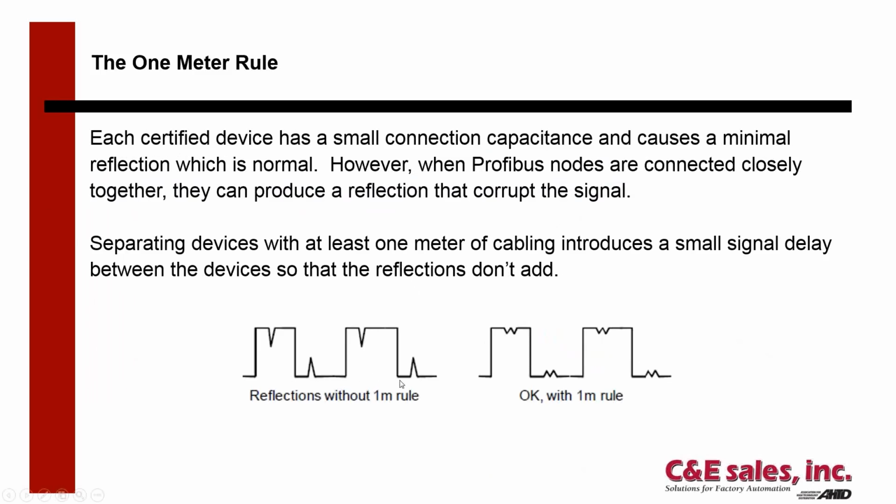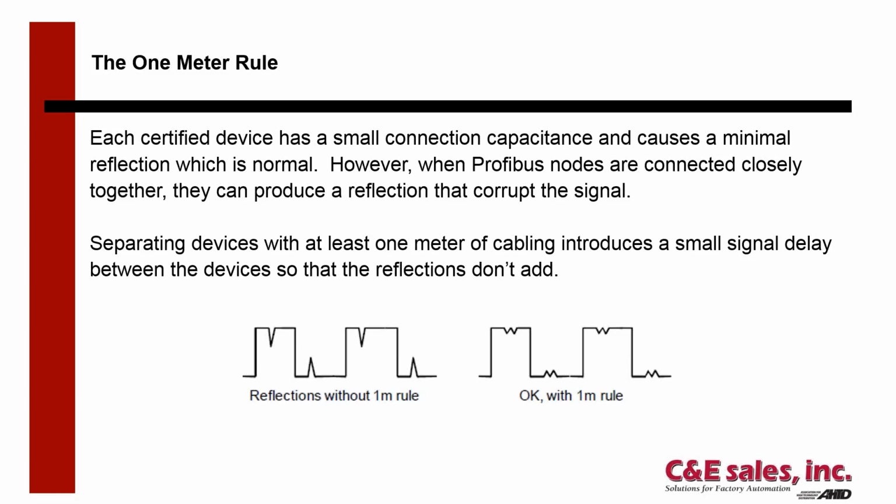So you can see here on the left-hand side, we've got an example of reflections with nodes that are less than 1 meter apart, and you can see the signal's a little bit choppy as opposed to the signal on the right. When you do obey the 1 meter rule, the signal's a lot cleaner. I see this a lot in the real world, especially with the newer drives that are coming out.